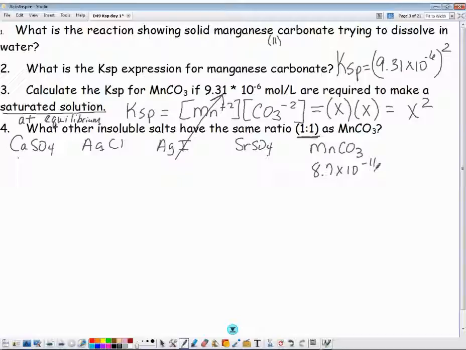Okay, so there's the KSP. What's the KSP for strontium sulfate? I know we had it up here earlier, but I took it away. Thank you. What is it for silver iodide? And what is it for silver chloride? And what is it for calcium sulfate?